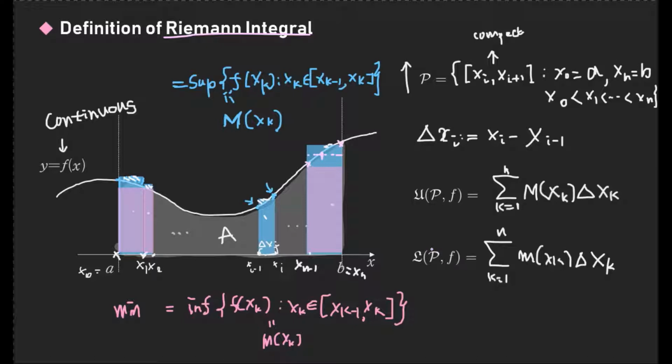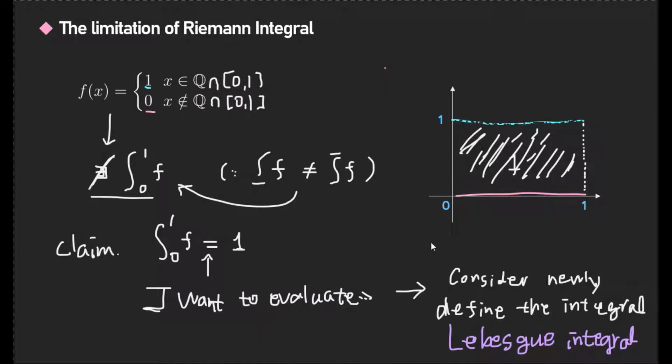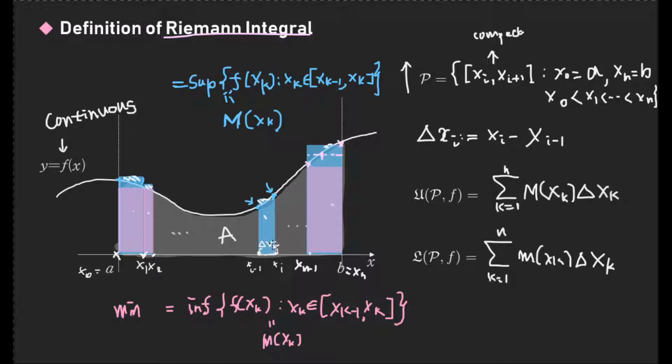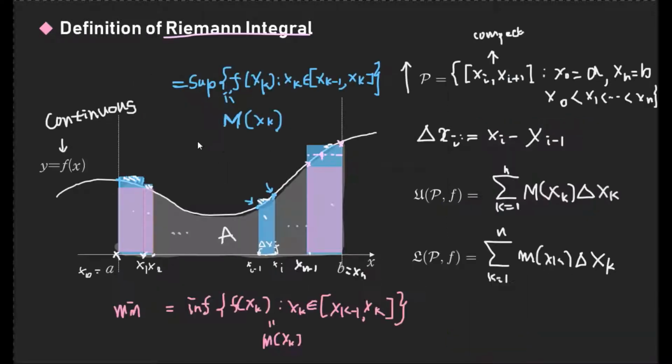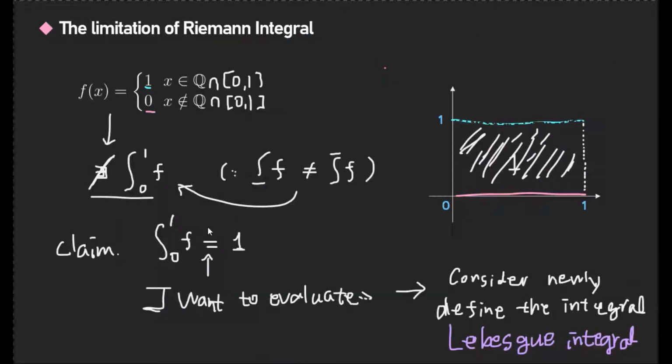Then we can say this is the Riemann integral. But the Riemann integral does not define it in such a way. If we define a new method, then we can evaluate this integral value. The value is 1.